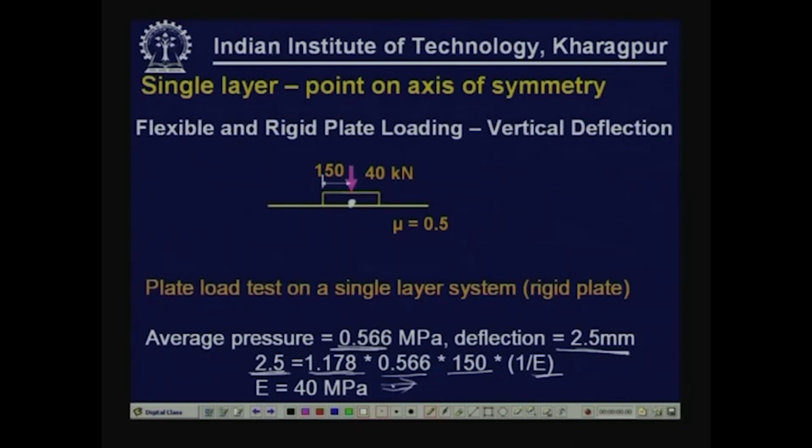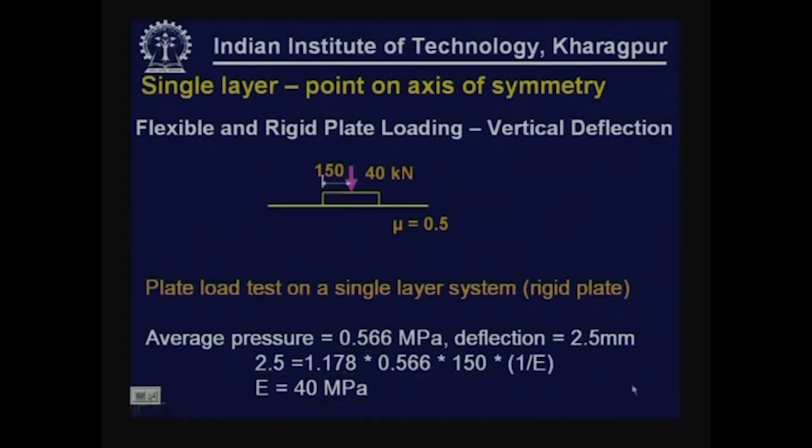It works out to 40 MPa. So, this is a very convenient system, though not very rational, because this is a very static load, loading time is very large, but still we can get some idea about the elastic modulus value of a single layer system, provided we have a single layer system. We can conduct a plate load test on that, and using the expression for surface deflection, we can work out the modulus value of the elastic layer system.